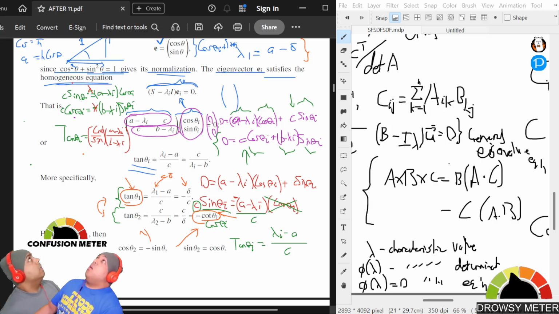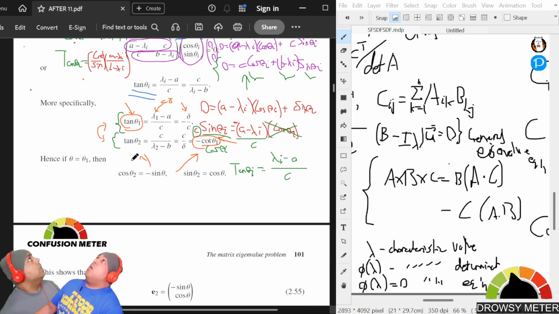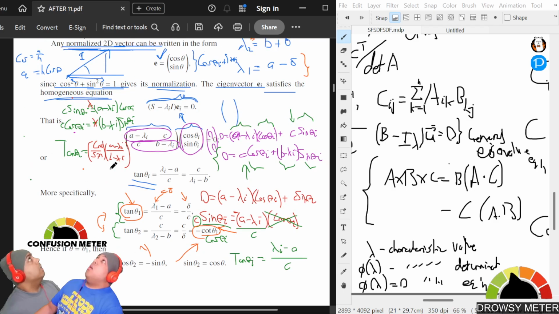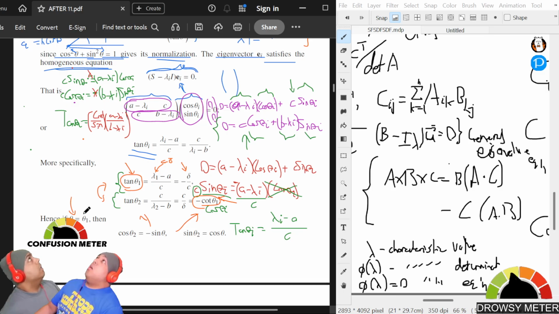Okay, hence, if theta equals theta 1, if theta, what is theta? If theta equals theta 1, tan theta 1, tan theta 2.